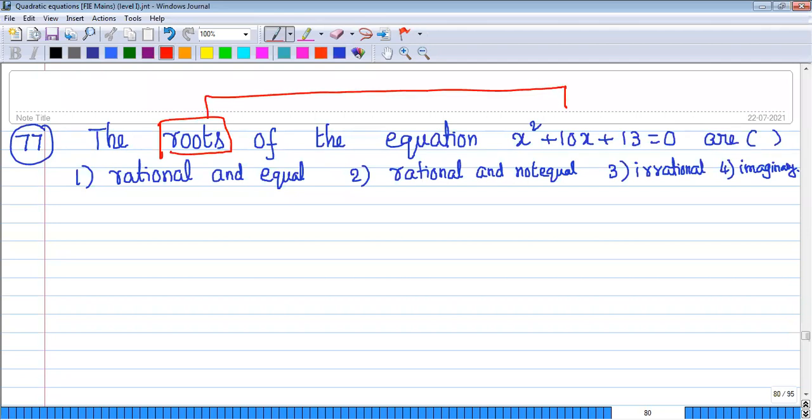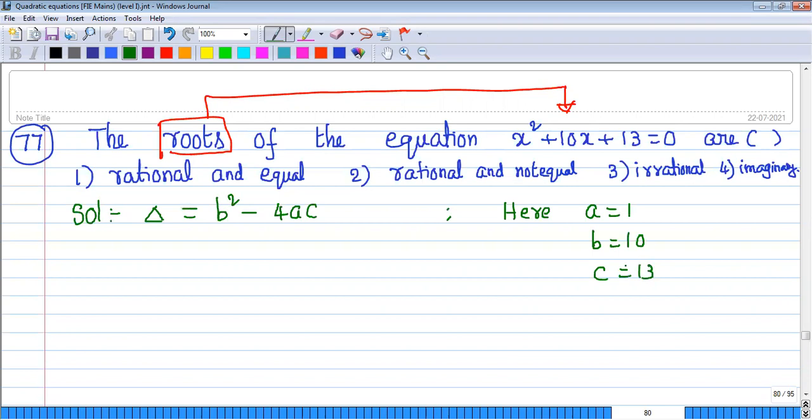The roots of this quadratic equation. So let us find out delta. So b square minus 4ac. Here a is 1, b is 10, c is 13. So 10 square minus 4 times 1 times 13. This is 100 minus 52.